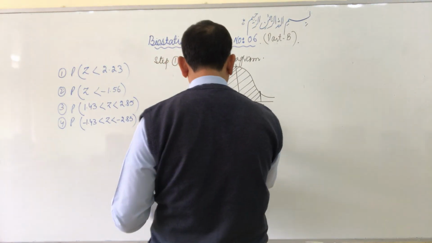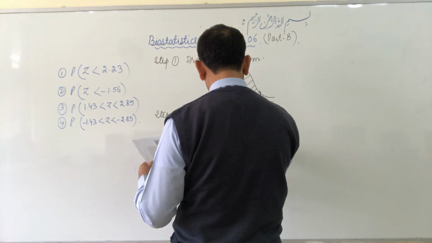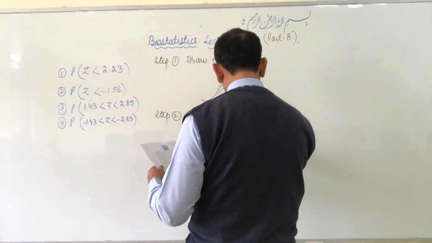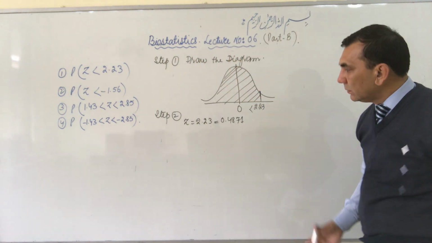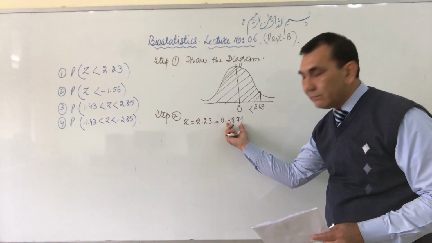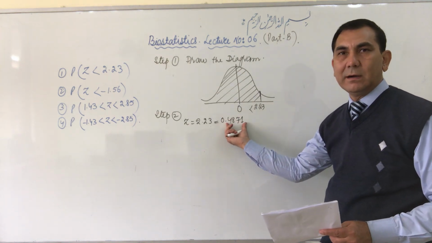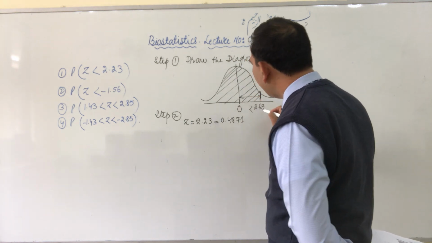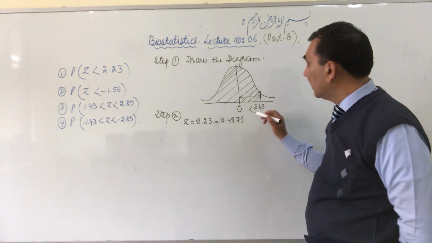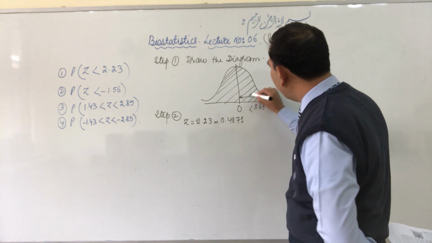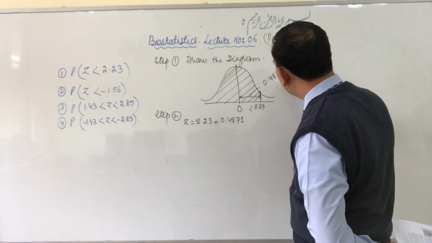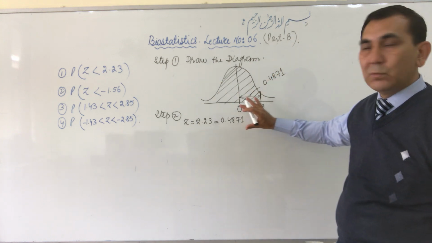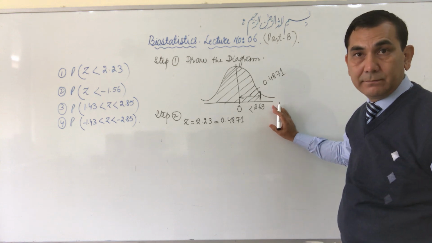The value for 2.23 is 0.4871. This 0.4871 is the probability area under the normal curve from 0 to 2.23.